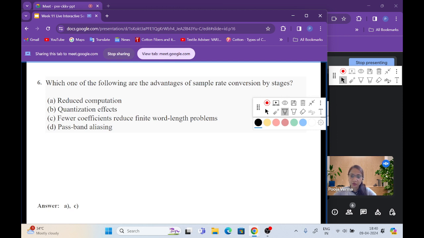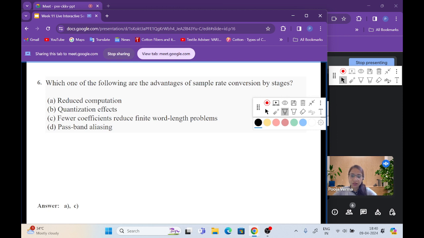So the question is, which one of the following are the advantages of the sample rate conversion by stages? What we have is it reduces the computation process, or fewer coefficients reduces the finite word length problem.